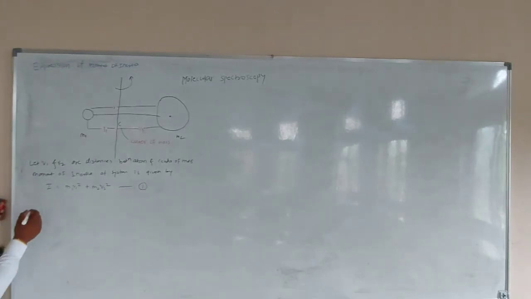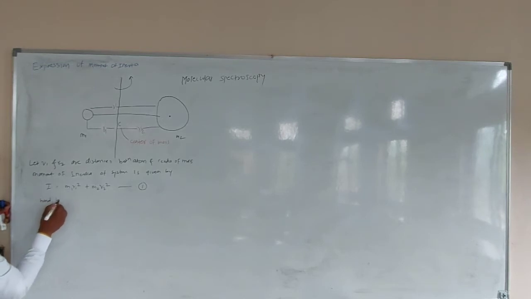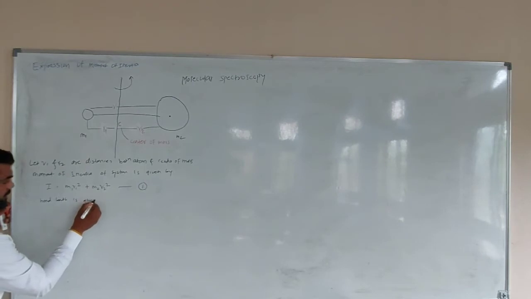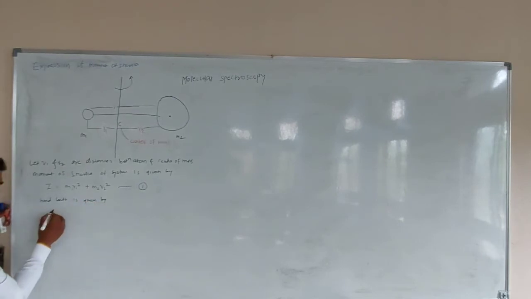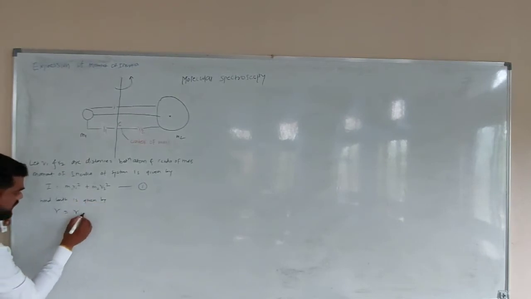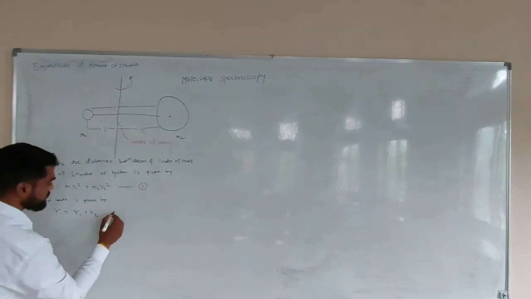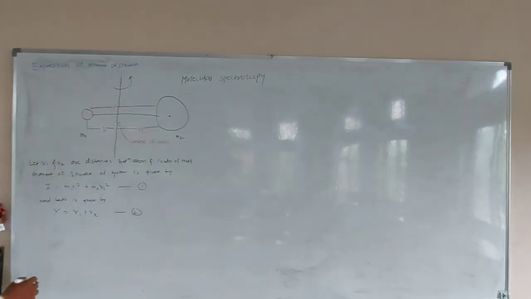Now the bond length of the two atoms is given by R is equal to r1 plus r2. This is equation number 2.